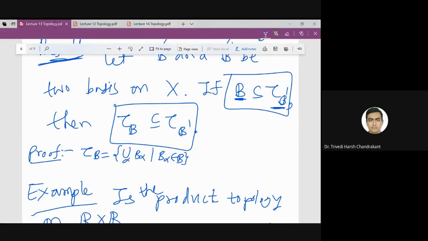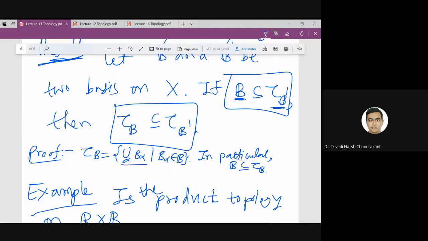We are taking all the possible unions of the basis elements of B. So in particular, we know that the basis is contained in tau B, because if I take only one B alpha, I'm not taking any other set, only a single one. So that is also contained.